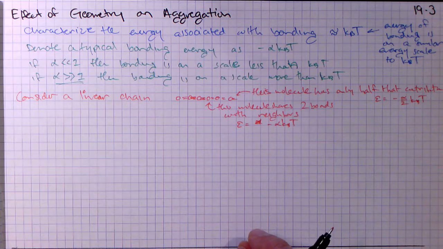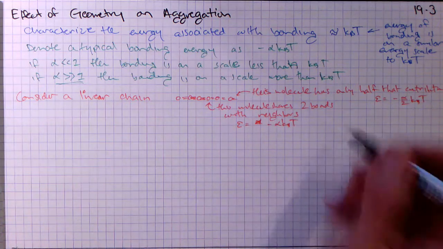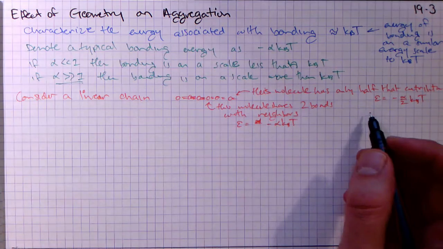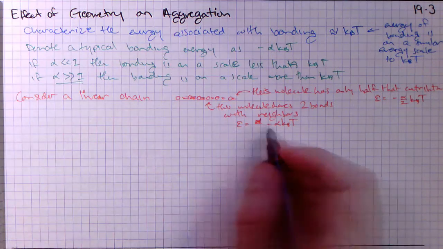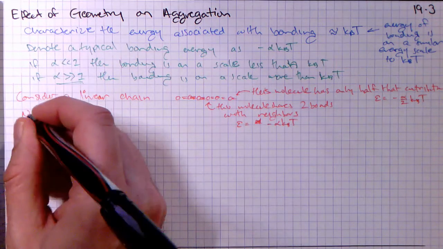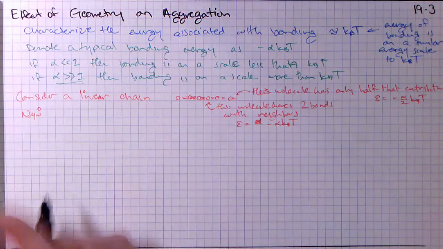So if we were to look at the total energy associated with all those bonds, that would be equal to n times mu n0 by definition.